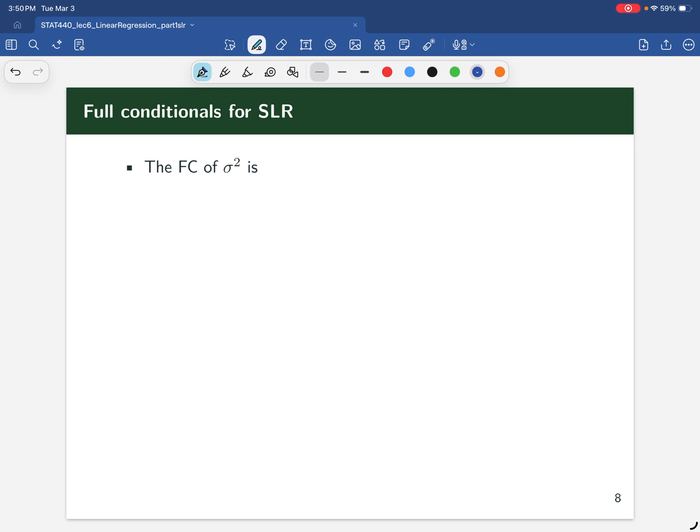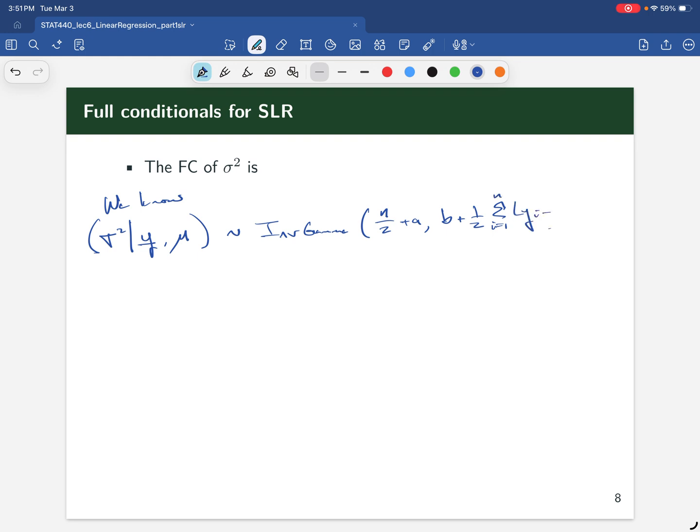The first full conditional, of sigma squared, is pretty straightforward because we know that sigma squared given our data y and mu, assuming that we have an inverse gamma prior, is an inverse gamma posterior we have seen, where the first parameter is n over 2 plus a, and the second parameter is b plus 1/2 the sum from i equals 1 to n of yi minus mu.